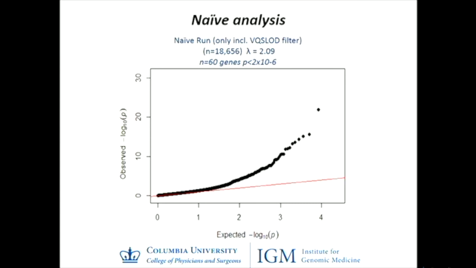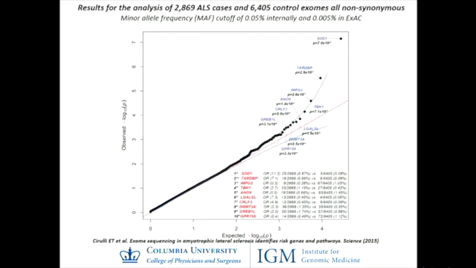So we accommodate for these using a number of adaptations to the framework. And so this is what it looks like then when you actually have accommodated for the potential sources of bias. This is a QQ plot from a study done by Liz Cerulli from our group. And this was based on about 3,000 ALS cases and about 6,500 controls.